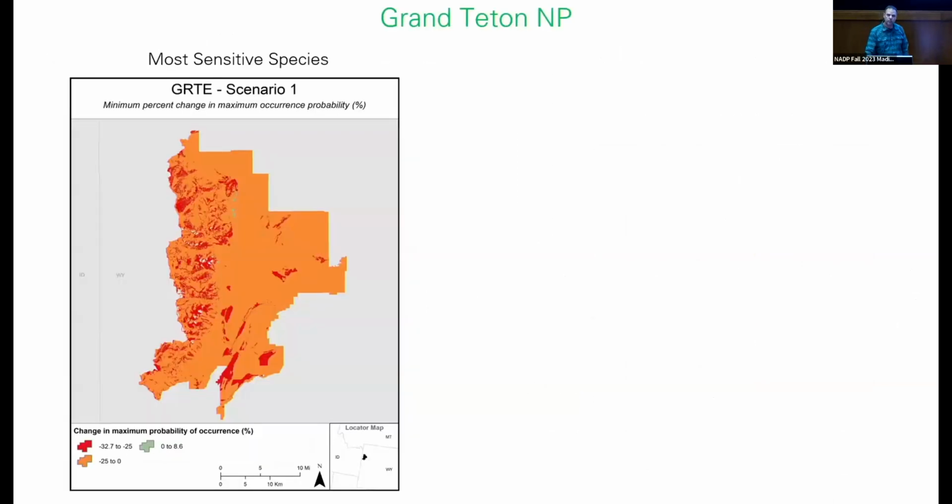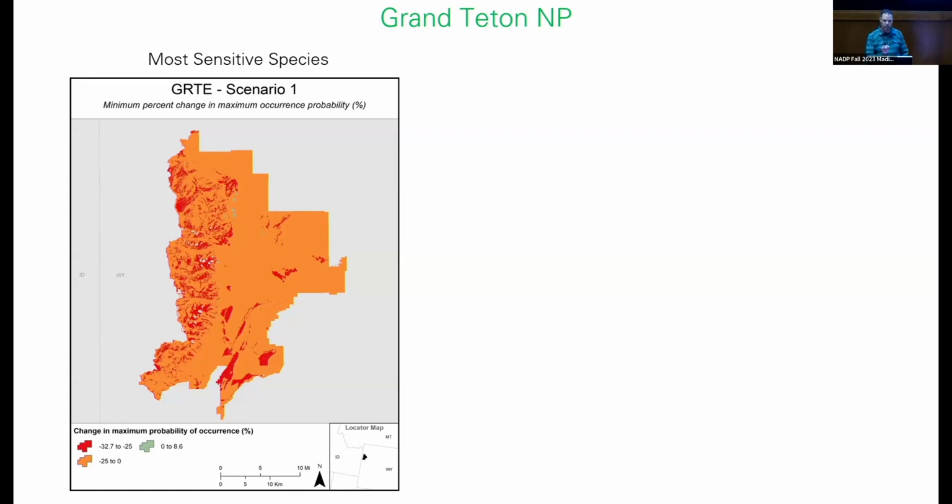And just an example of how we can then map the results. So this is the same on the left, the most sensitive species for a MAP class. This is the change in the occurrence probability for that most sensitive species, mapped just across some subjective classes that were used for mapping. So we see the orange and red colors are decreases.